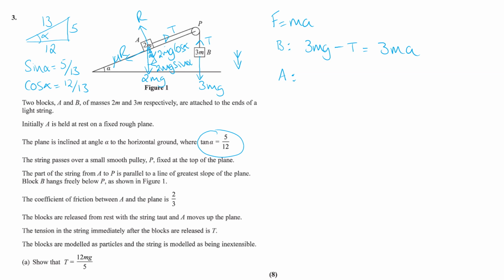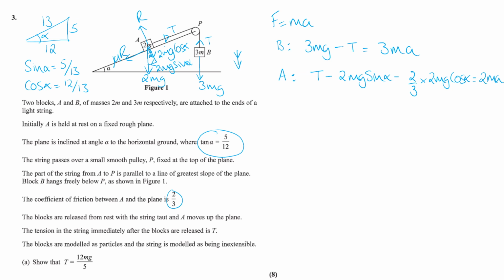It's going to move up the slope. T is going to take it up the slope, but it's got the weight component acting parallel to the slope, 2mg sine alpha, and it's got the friction. The coefficient of friction mu is 2/3 and R is 2mg cos alpha, and that's equal to 2ma.